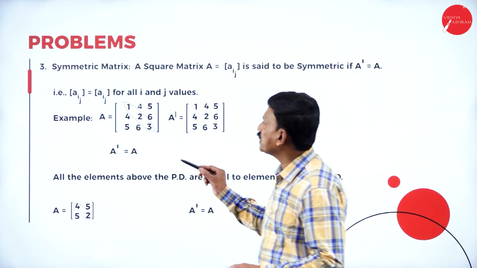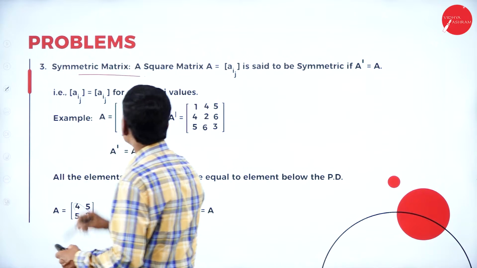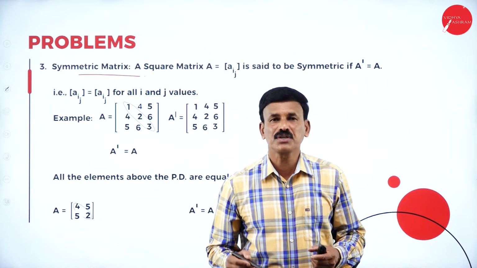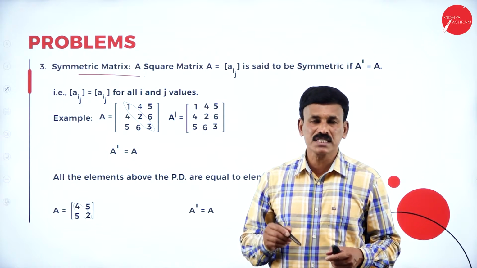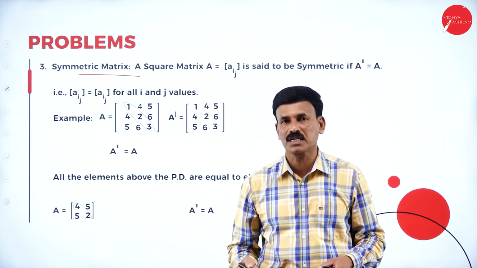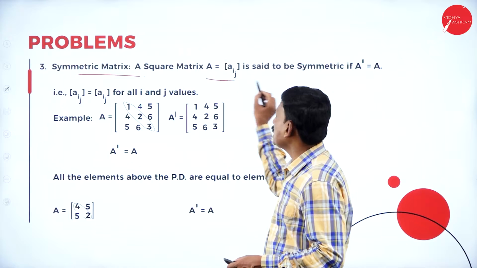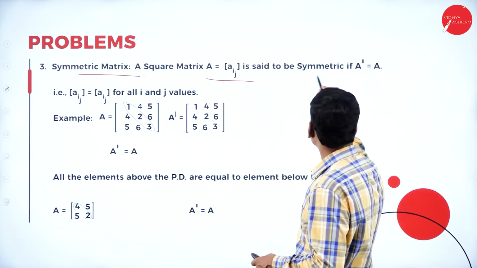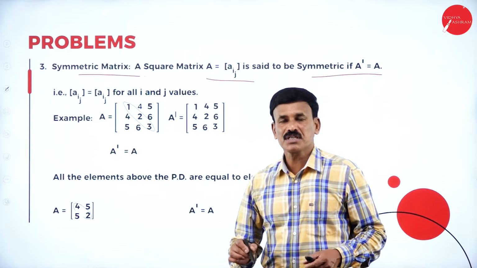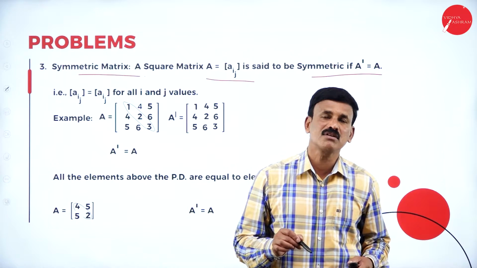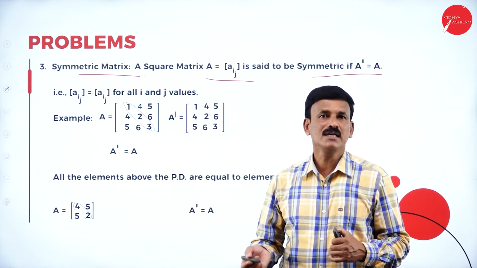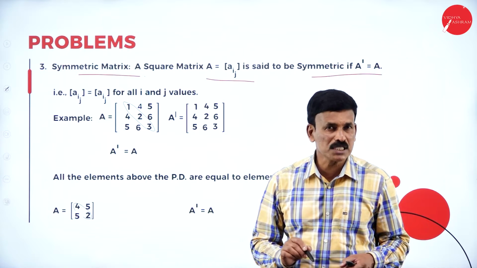Now the next one is very important: symmetric matrix. Symmetric matrix means if A dash is equal to A, the matrix and its transpose are the same. Such a matrix is called a symmetric matrix, symmetric with respect to the principal diagonal. A square matrix A equal to Aij is said to be a symmetric matrix if A dash is equal to A. That means all the elements above the principal diagonal must be equal to the elements below the principal diagonal.